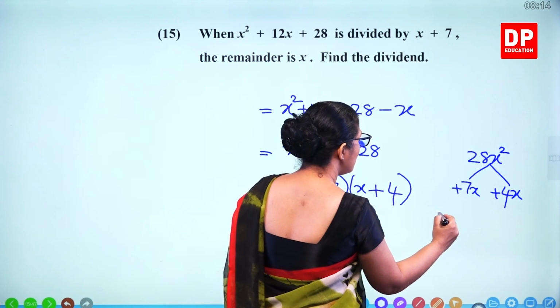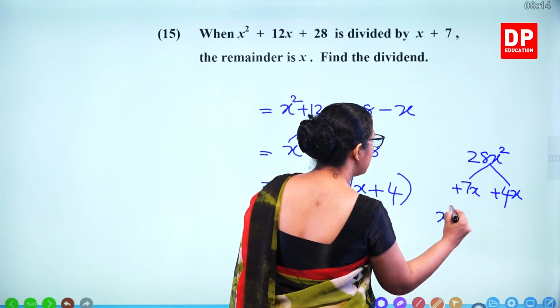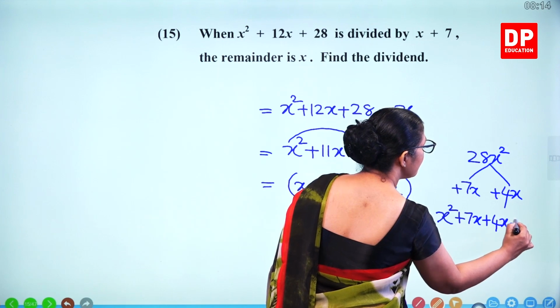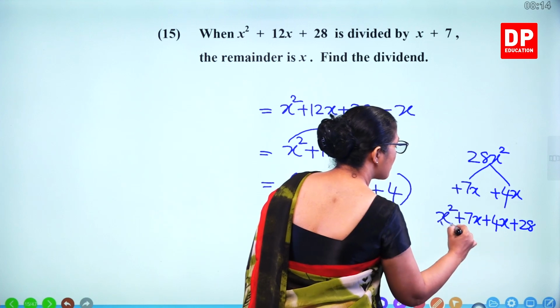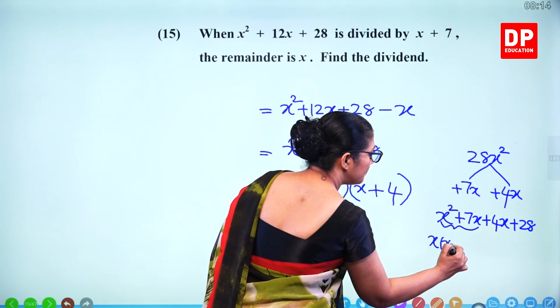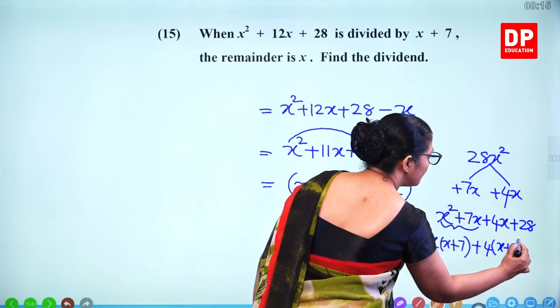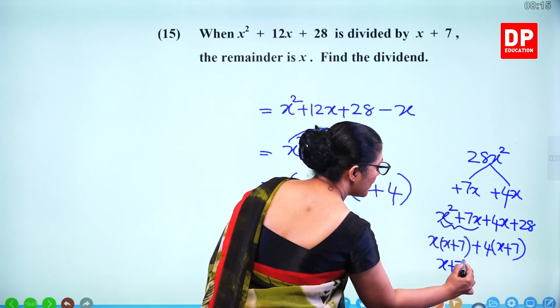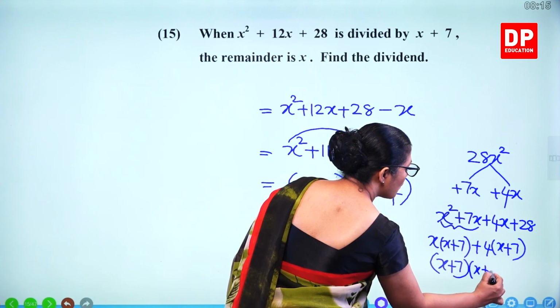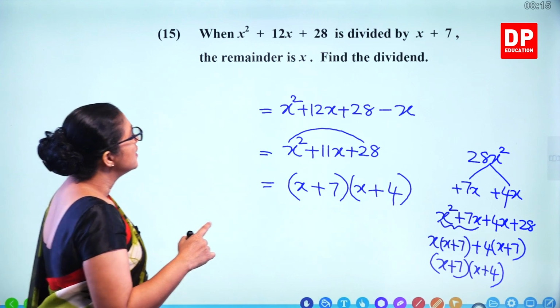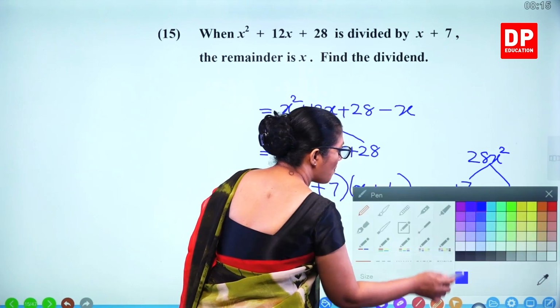Or if you can't do that at once, you split the middle term to 7x and 4x, and then take two at a time and factorize. x plus 7, x plus 4. So those are the two factors. So you get 2 marks for that.